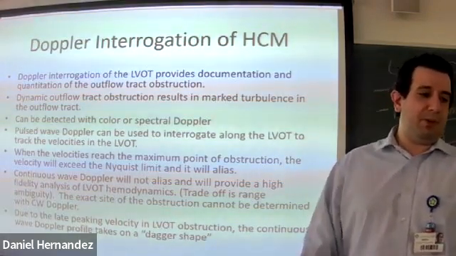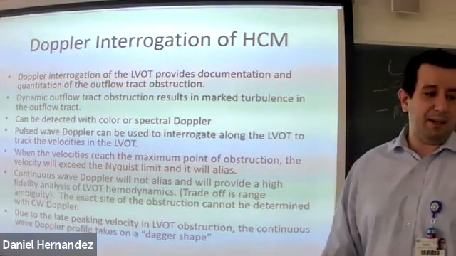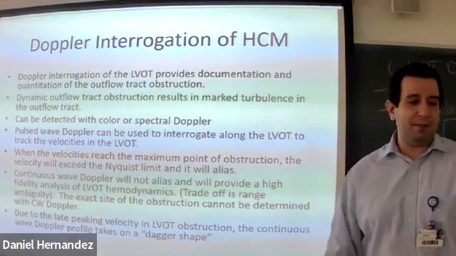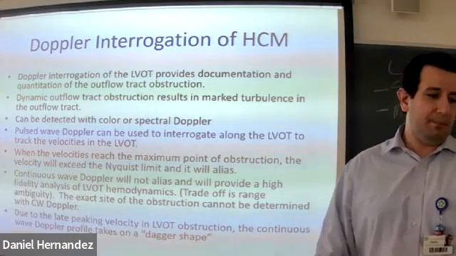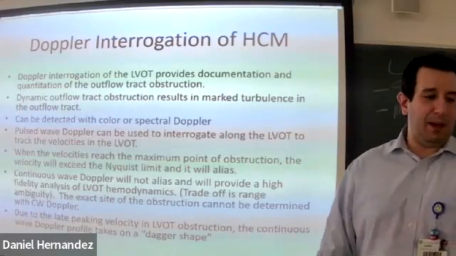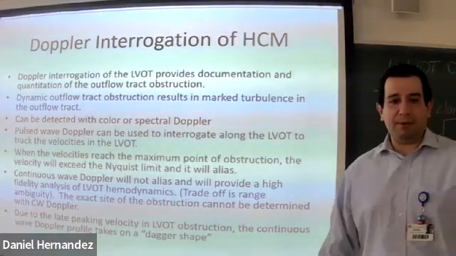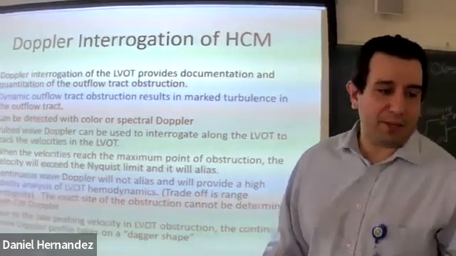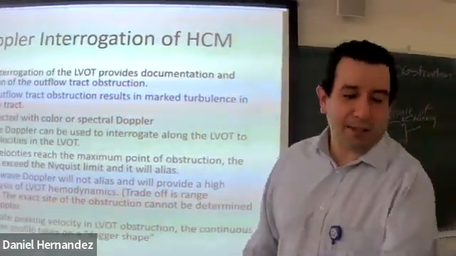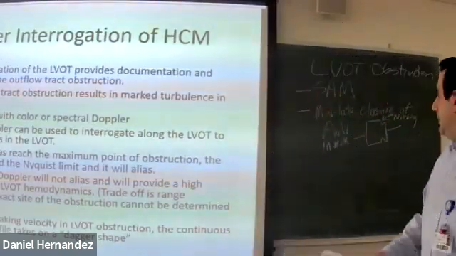We can use continuous wave Doppler, which will not alias, to provide a high fidelity analysis of that LVOT. Due to the late peaking velocity seen in an LVOT obstruction, these waveforms have a very telltale sign. They take on a very specific Doppler profile called a dagger shape appearance.